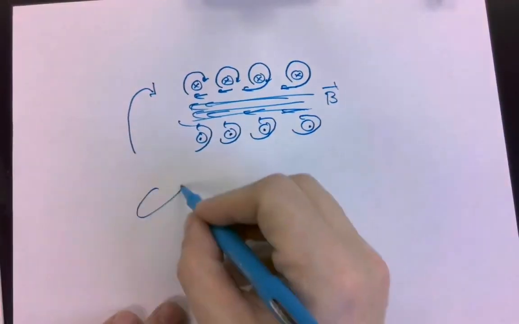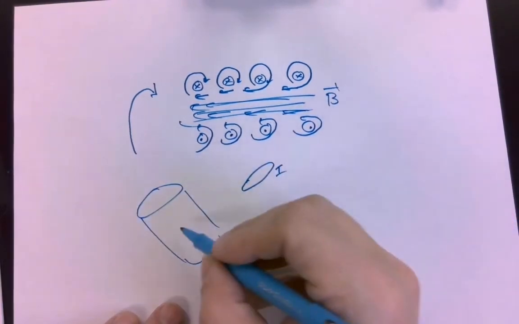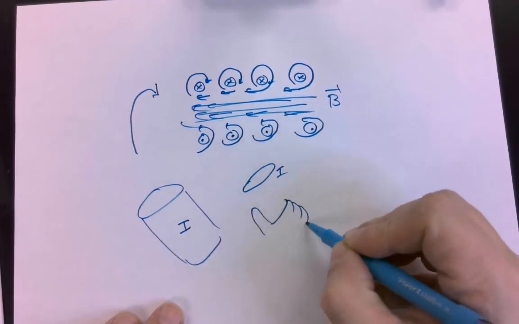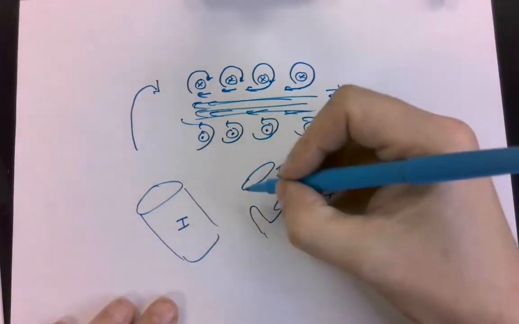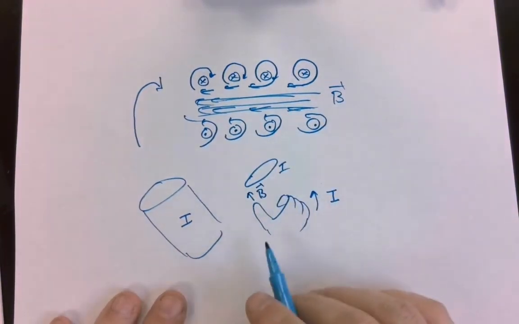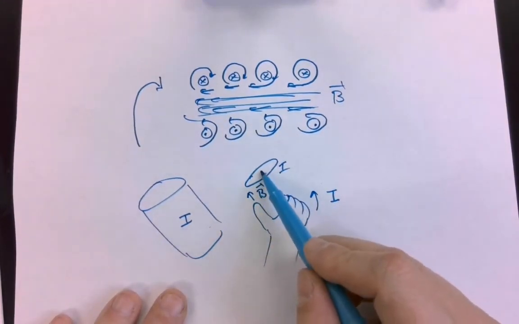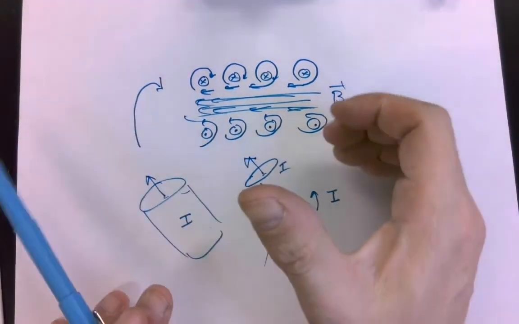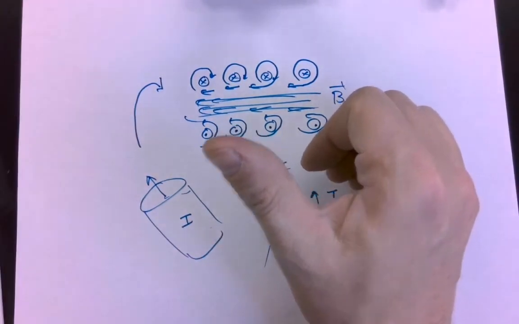So for a solenoid or a loop of current, you put your fingers in the direction of the current, and your thumb tells you the direction of the magnetic field. That's a slightly different application of the right-hand rule for finding the direction of the magnetic field of a current loop or a solenoid in the center. I is in the direction of the current. B is the direction of your thumb.